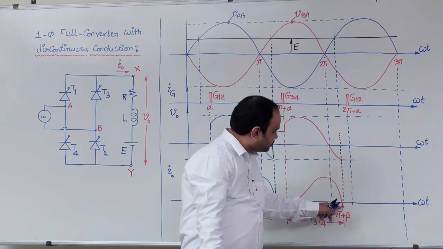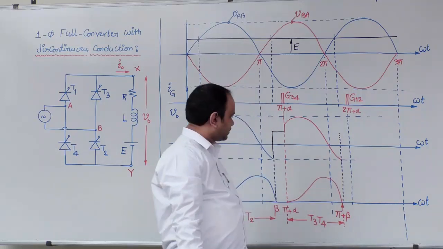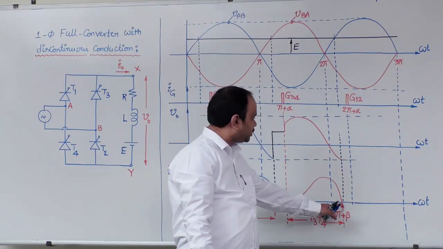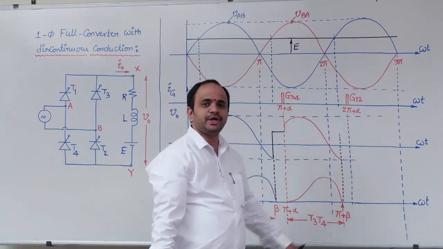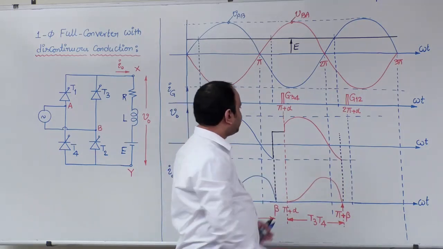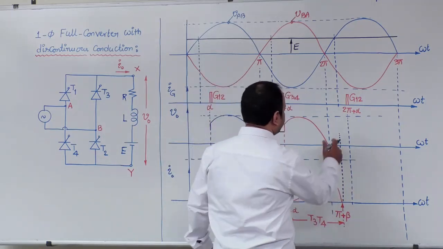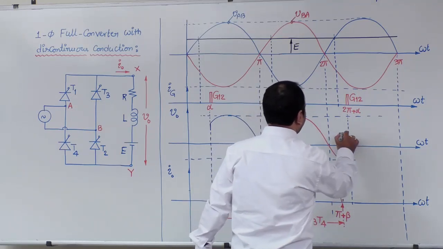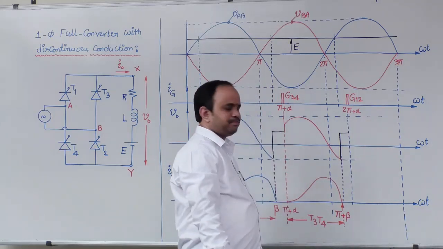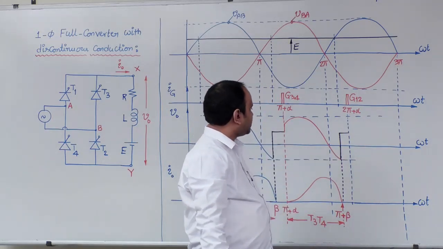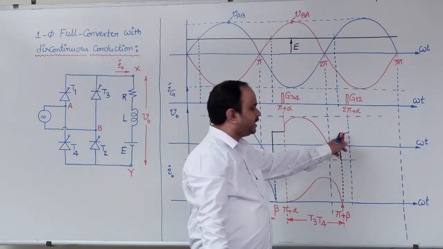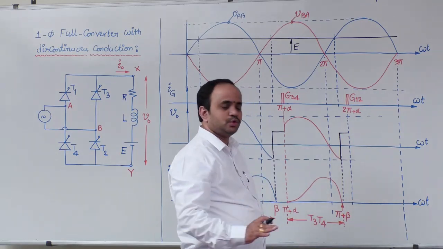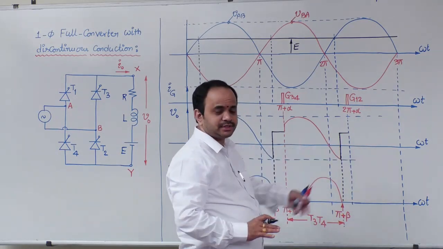Now at pi plus beta there is a discontinuity, up to when the next pair is going to start conduction. Therefore, from pi plus beta to 2 pi plus alpha, output voltage will be load EMF E during the discontinuous interval.